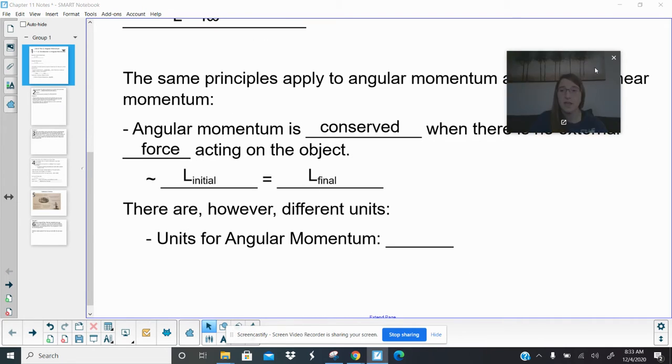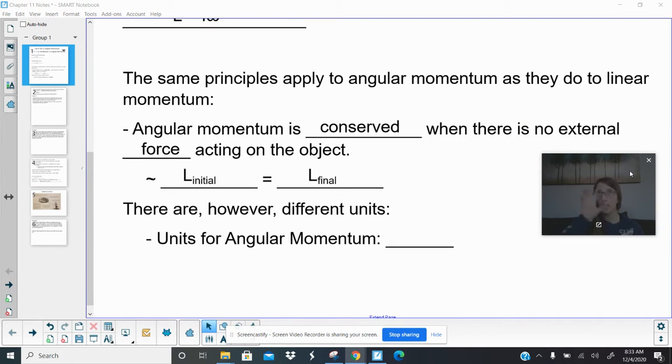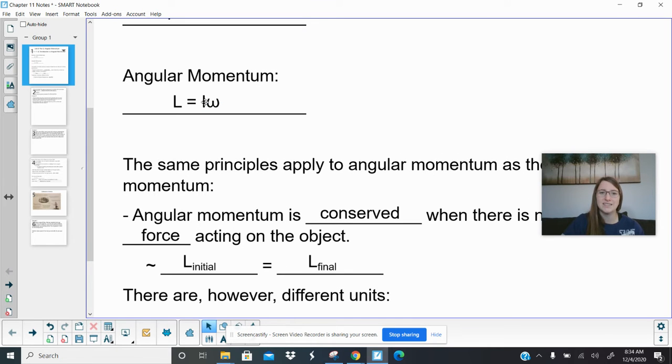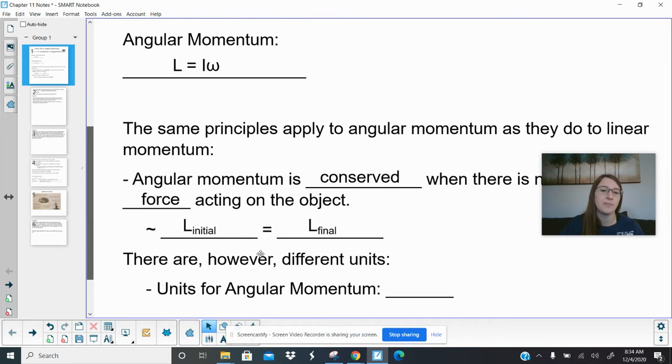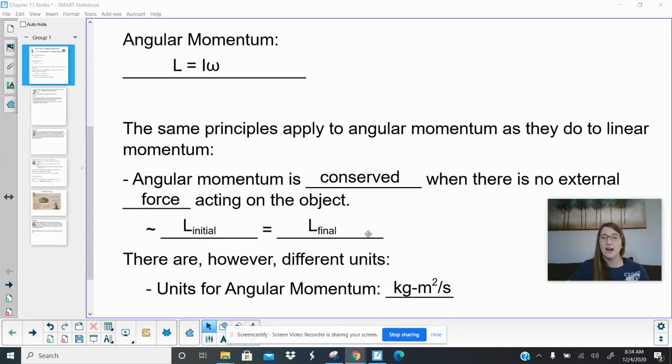However, there are slightly different units for angular momentum versus regular momentum, and that has to do with the fact that rotational inertia itself has a separate formula. So this is kilograms times meters squared over seconds. Again, kind of weird. Remember that if you are ever unsure what the units are on something, it comes from the formula. What the units are for I and what the units are for omega gets us to this unit.